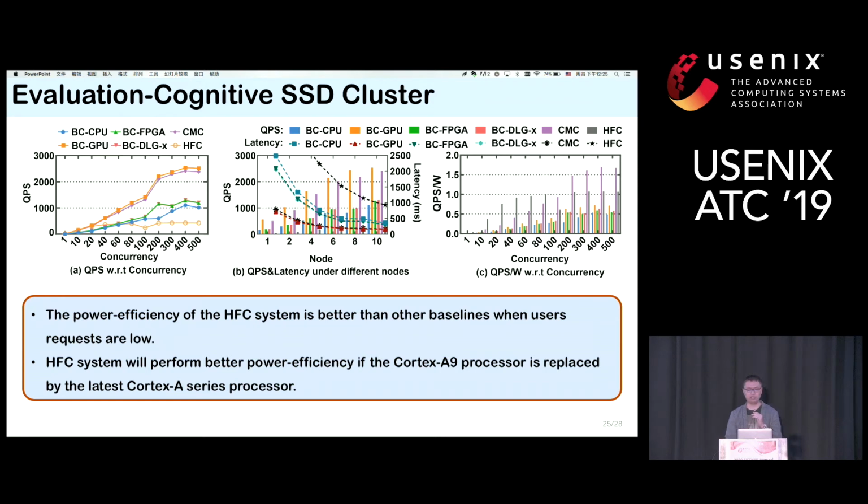The results indicate that when system concurrency is low, the host-free cluster system delivers better power efficiency. The reason is that using high-performance machines to handle infrequent requests results in low energy efficiency. The host-free cluster system will be more power efficient if the Cortex-A9 processor is replaced by the latest Cortex-A series processor.